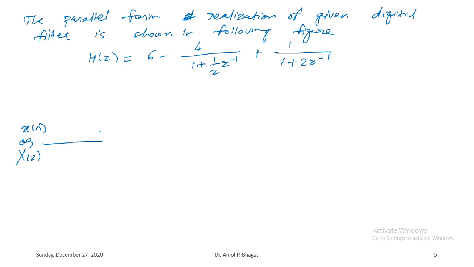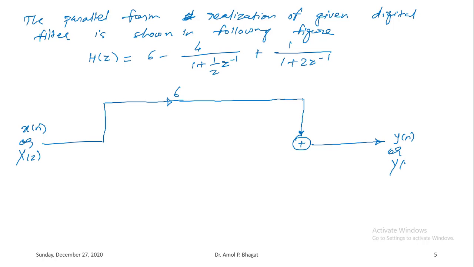As there are three terms, there will be three parallel lines in this structure. So first will be for this constant 6, right? So I'll be using a constant multiplier there, correct? So this will be added here with the adder output. I can indicate it as y of n or capital Y of z.